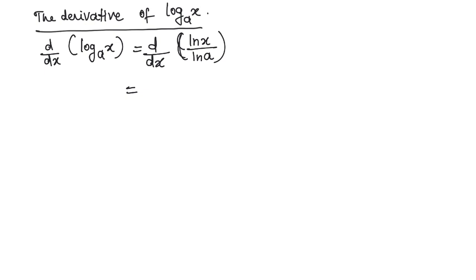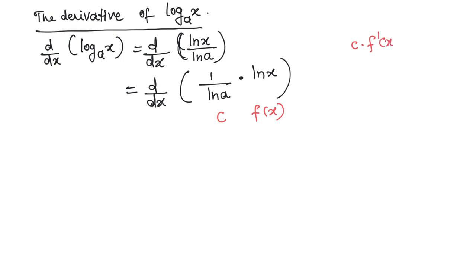So while taking the derivative, I am going to view this problem as 1 over ln of a times ln of x. That means constant times a function. So derivative will be constant times derivative of the function. So constant is 1 over ln of a times the derivative of the function.